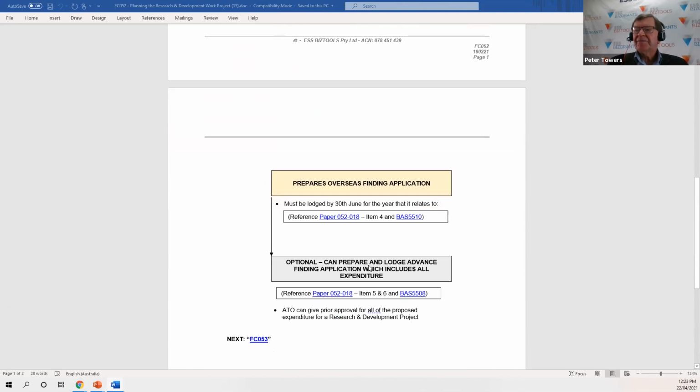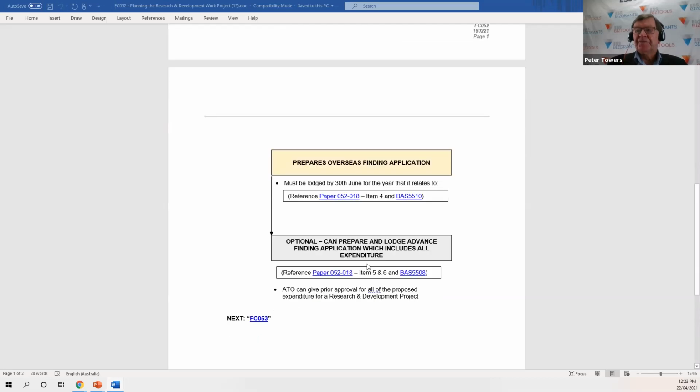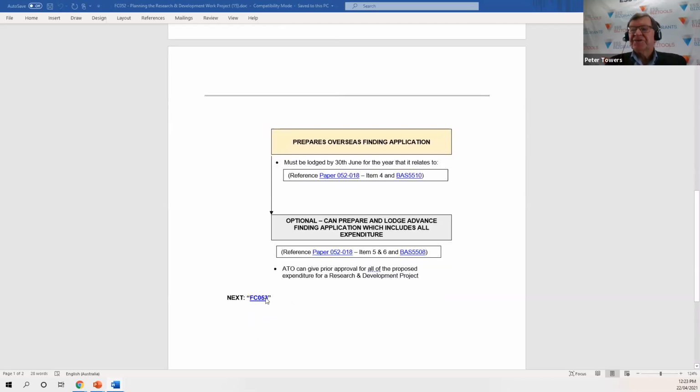And the company can prepare a general finding application for work to be conducted in Australia, which also includes the overseas finding, if necessary, and submitted to the ATO and AusIndustry, who will give a prior approval. That all takes some time.